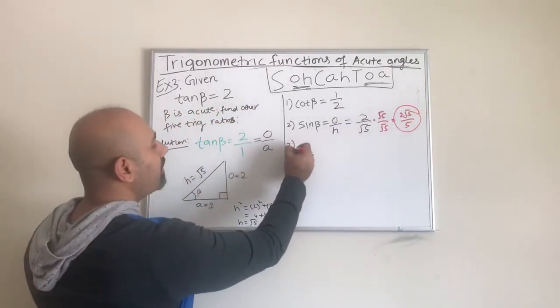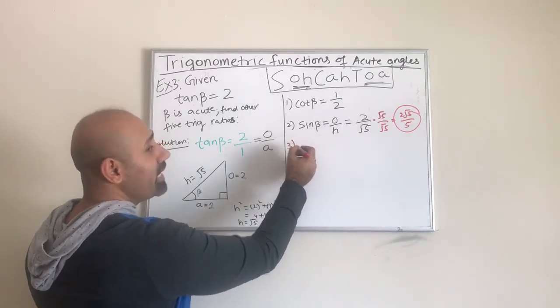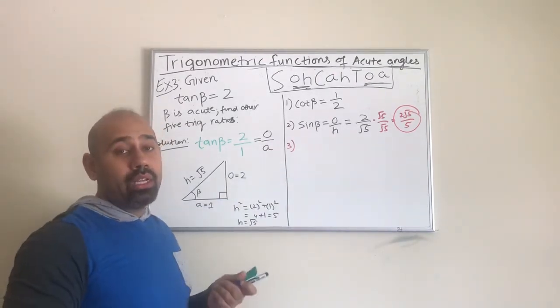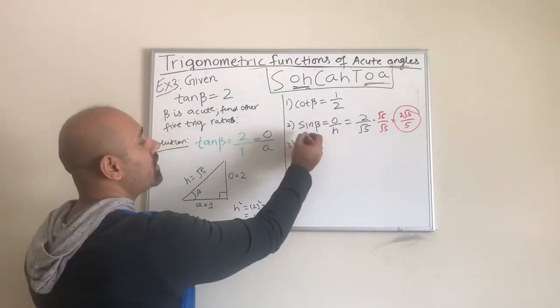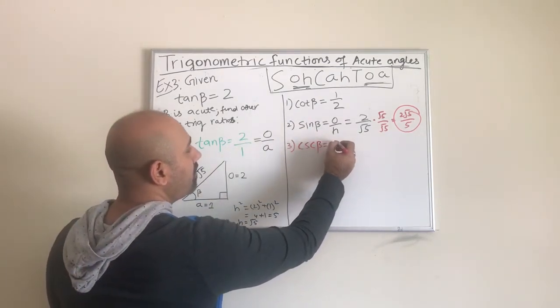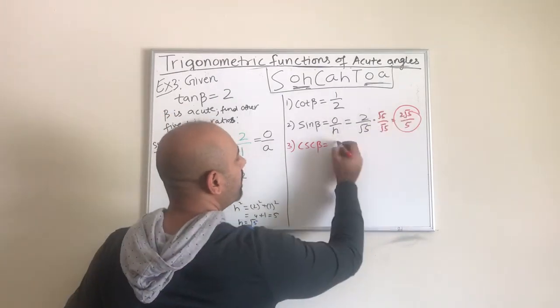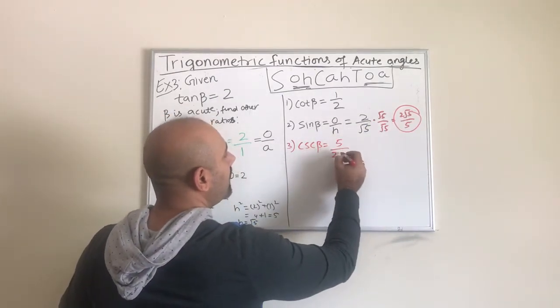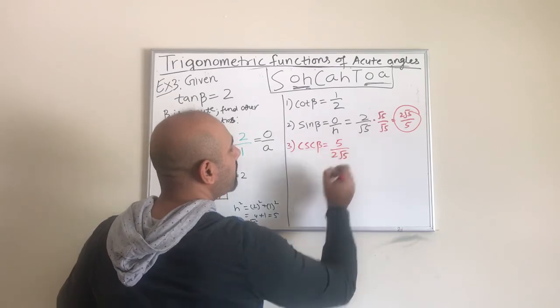Once I have the sine of beta, we should write the value for the cosecant, which is the reciprocal of the sine. So the cosecant of beta would be 5 over 2 radical 5.